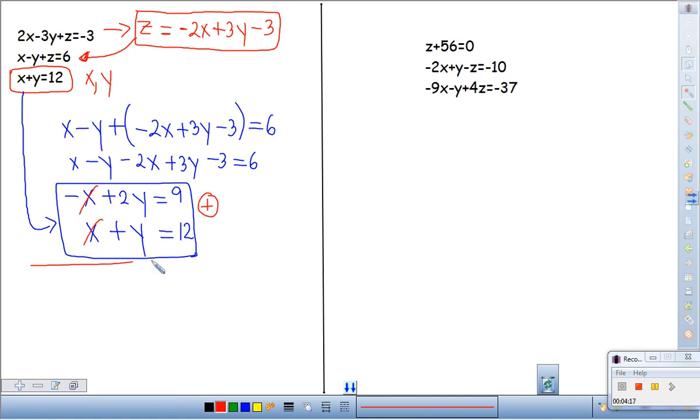So once we add the two equations and eliminate the two x's, we're going to have 2y plus y equals 9 plus 12. 3y equals 21. We divide both sides by 3. And y equals 7.